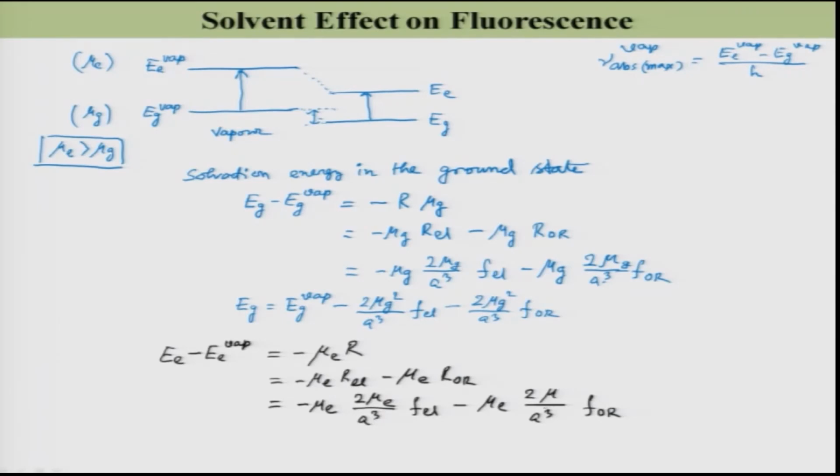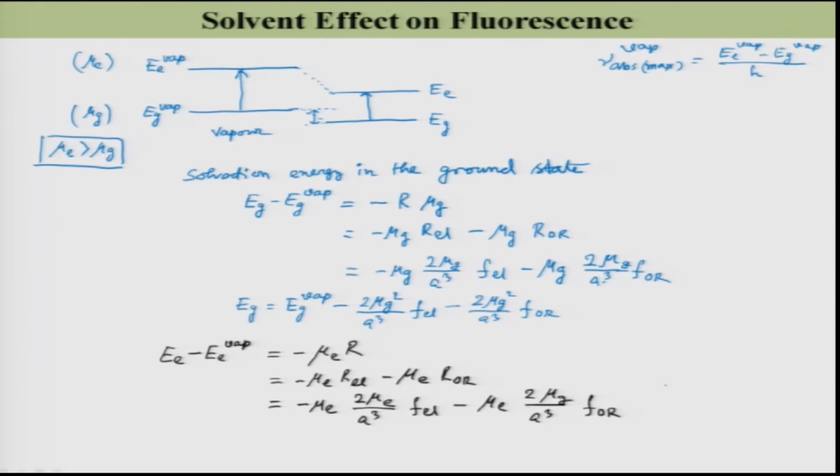Although I have excited this molecule from ground to excited state, the solvent molecules, right, just after the excitation, will take some time to reorient themselves. So, this reaction field is very similar to the solvent arrangement in the ground state. So, this mu will be mu_G, right.